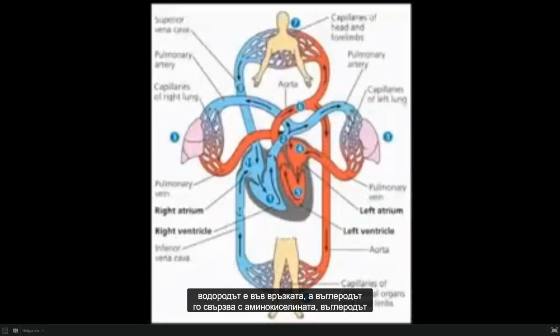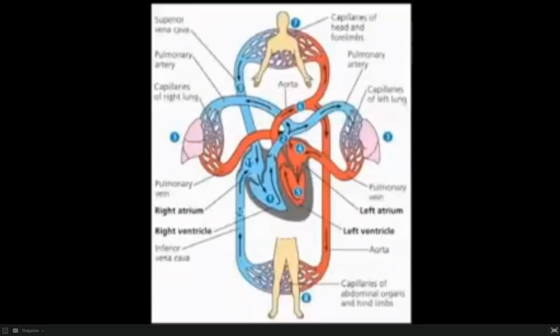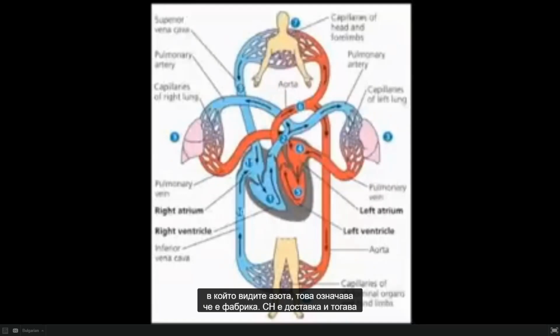And the carbon links it to the amino acid. Carbon is a connection. When you put hydrogen, oxygen, and the nitrogen in the chain, the minute you see the nitrogen, it's a factory. CH is a supply. And then you see why people go hyperactive with sugar.